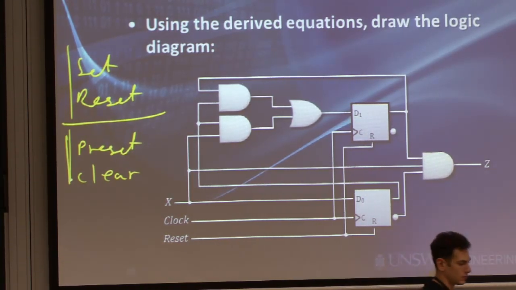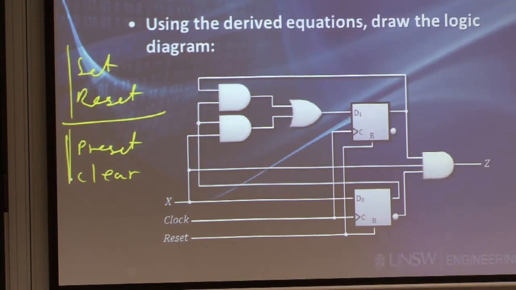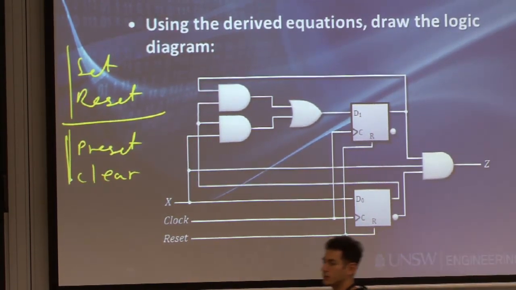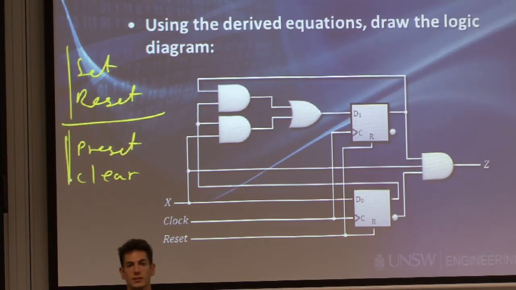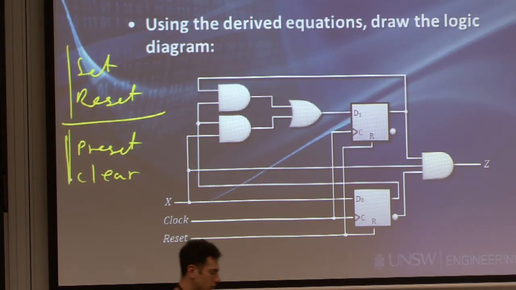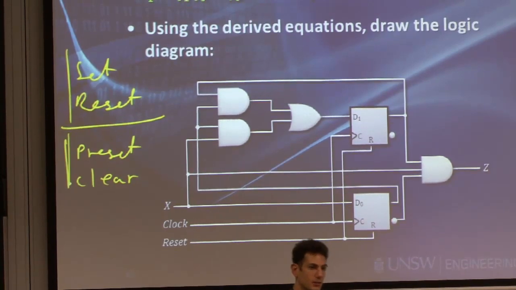So just to recap on what we've done, we actually started, if you remember, from an English description of some sequential circuit. We then figure out what the states are for the circuit. We build a state diagram.